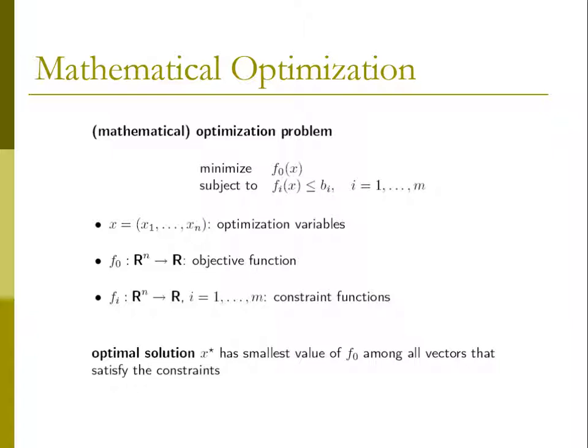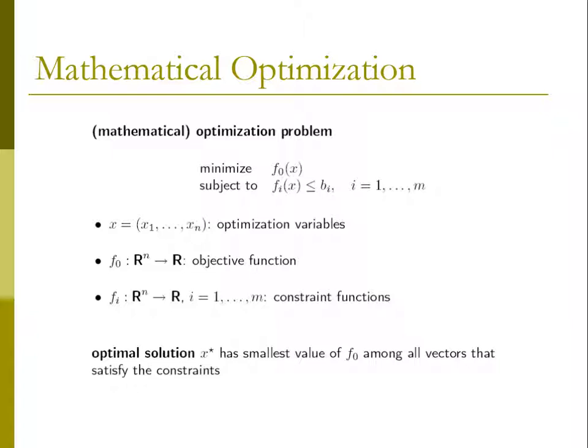Here, the vector x is the optimization variable of the problem, and the function f0 from the real n-vector into the real numbers is the objective function. The functions fi from the real n-vector into the real numbers are the constraint functions, where i is from 1 to m, and the constants b1 to bm are the limits or bounds for the constraints.